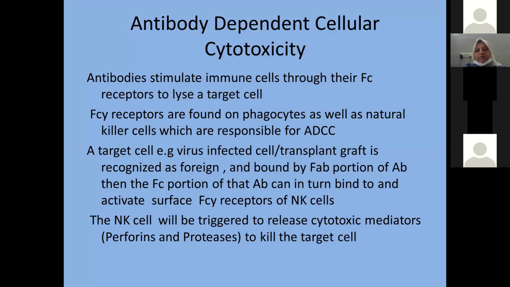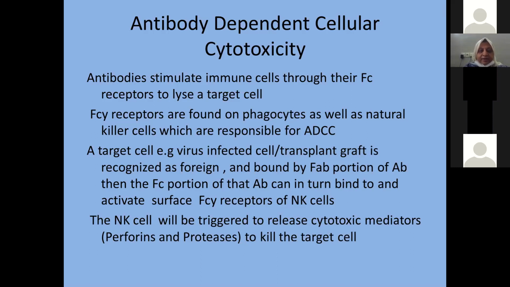Otherwise, we saw that cytotoxic T cells bring about the damage of virus-infected cells or tumor cells. In this situation, a target cell, for example a virus-infected cell or transplant graft, is recognized as foreign, and the antibody is bound by its Fab portion to this antigen.